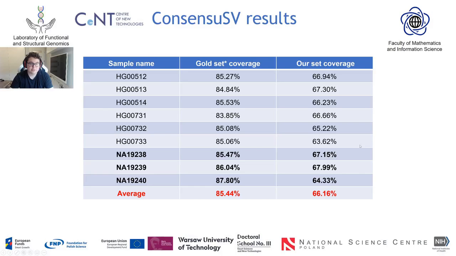Now I'll show some results of our consensus SV. We compared ourselves to a gold set of structural variants published by Jason et al. in 2019, and as you can see, we obtained around 85% accuracy when we compared our results to the gold set.